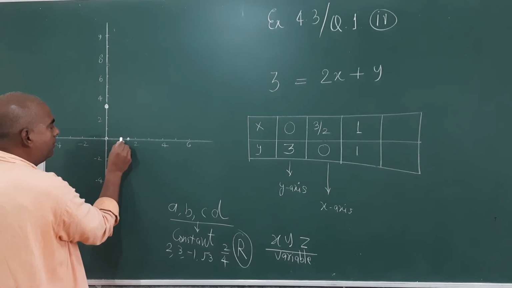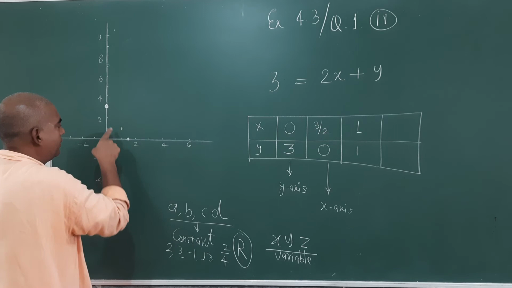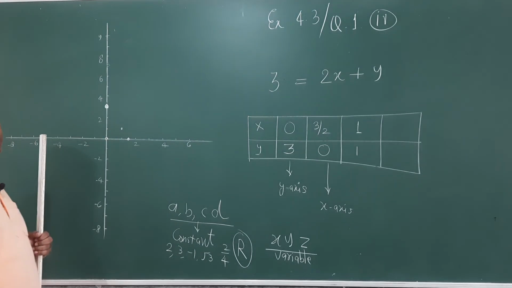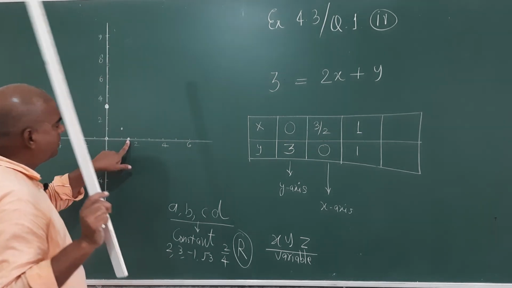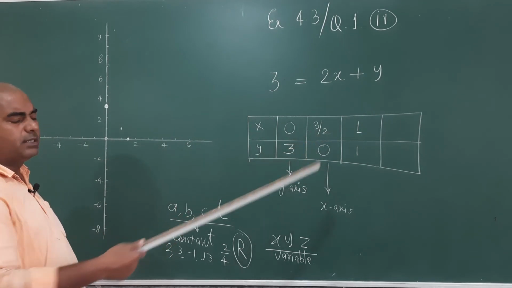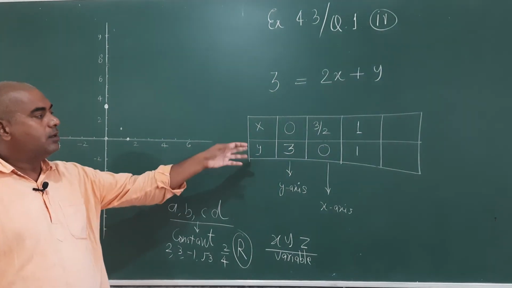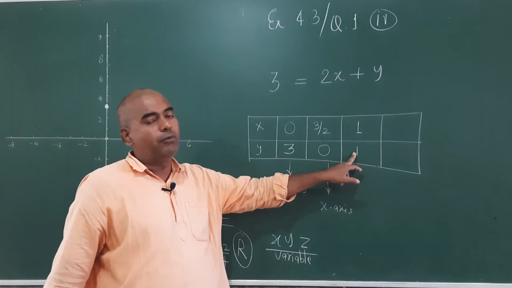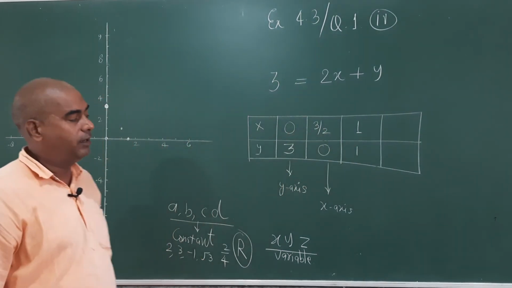You take these 3 points in a line. Sometimes if you get under root 2, 3 upon 4, something irrational, and you usually write 1, 2, 3, 4. So you should change the value of y or x, so that you may have a whole number.